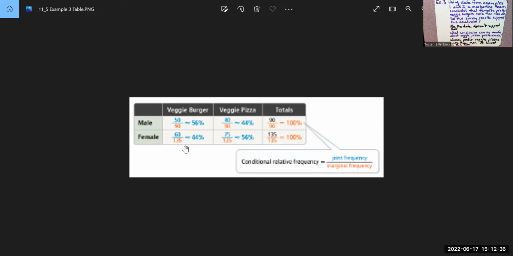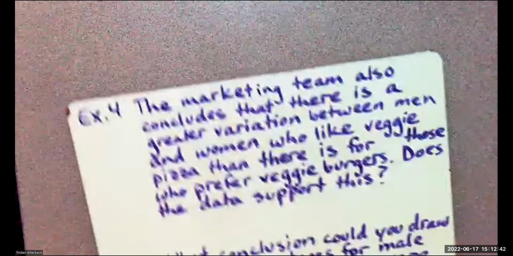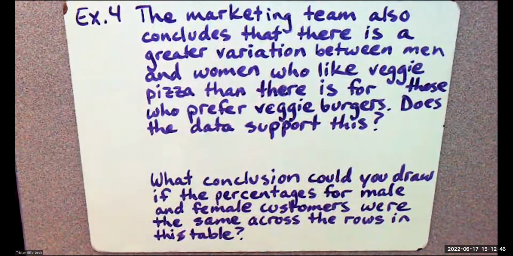All right, so let's go to the next one. A marketing team also concludes there is a greater variation between men and women who like veggie pizza than there is for those who prefer veggie burgers.